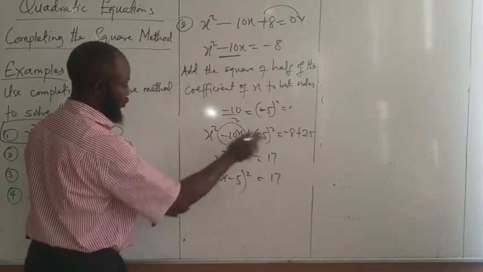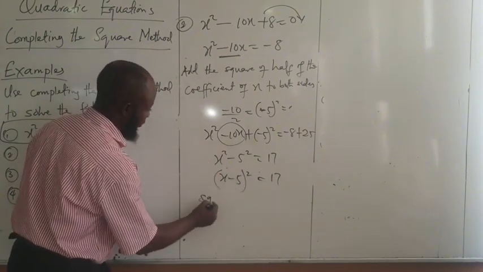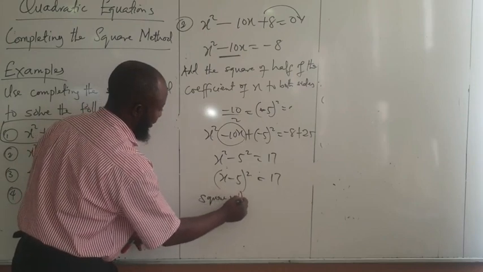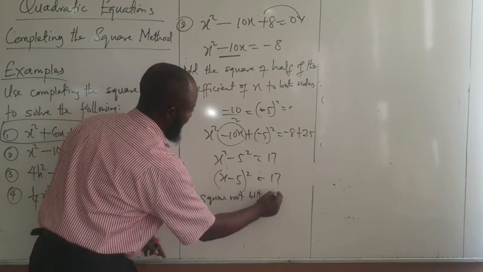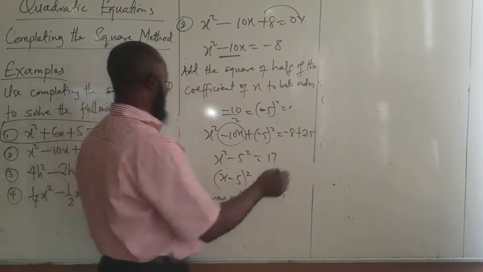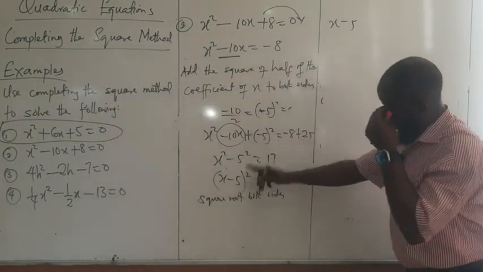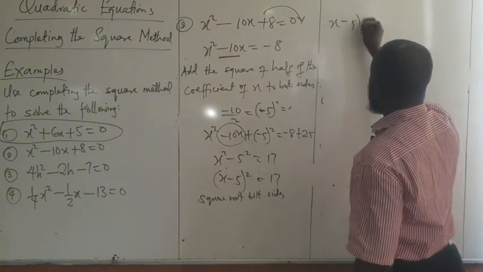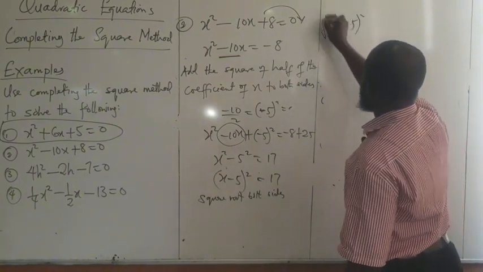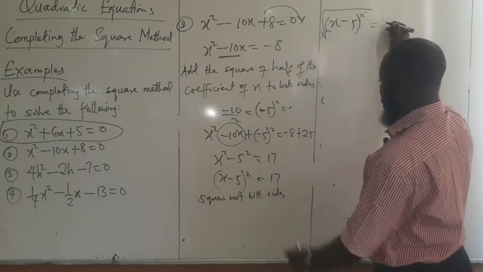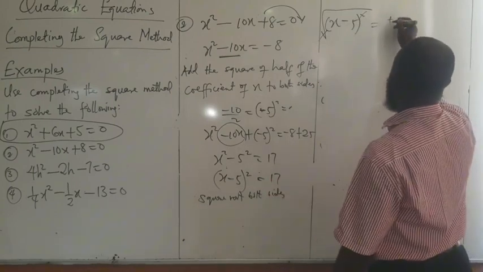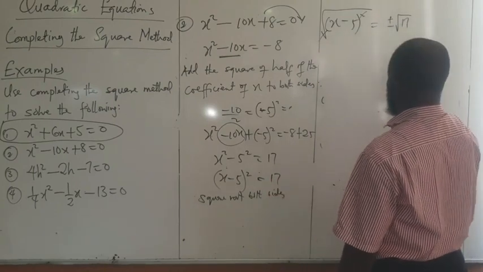So the next is to square root both sides. Square root both what? Both sides. So that means we are going to have x minus 5, squared, because the square is going here, then you square root this, you cancel this, equals to what? Plus or minus square root what? 17.